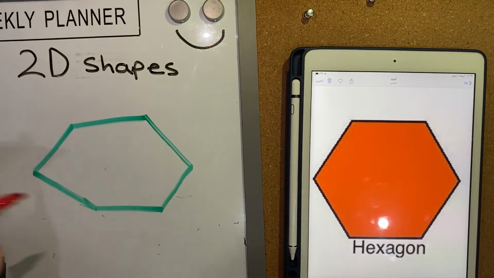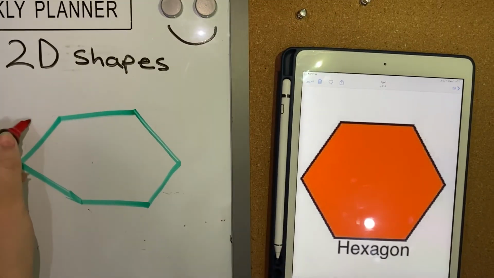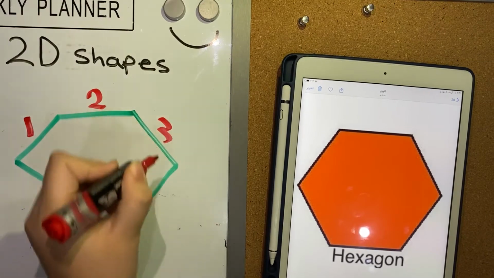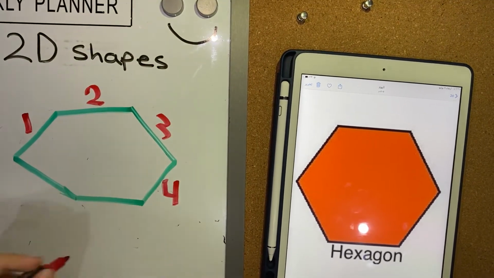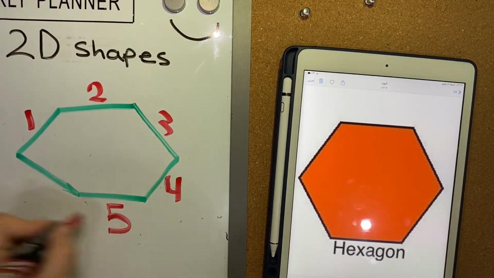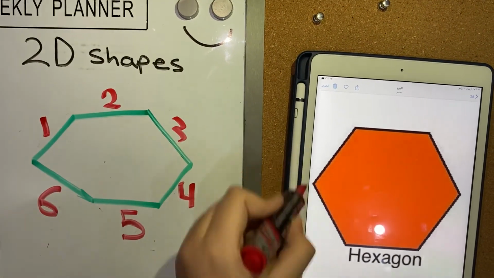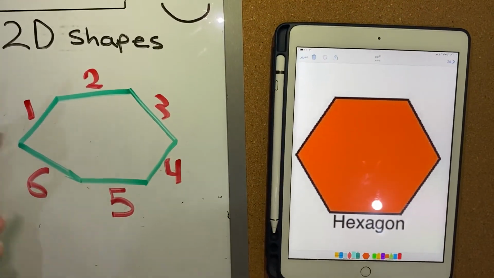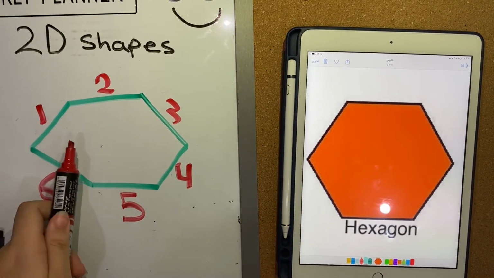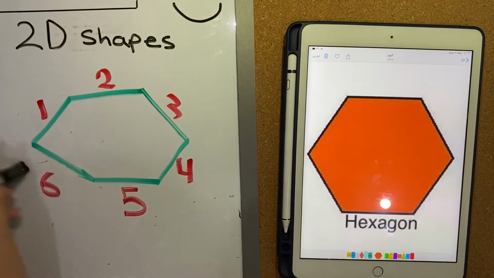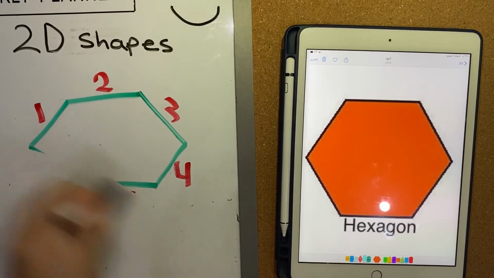Let's count how many sides it has. 1, 2, 3, 4, 5, 6. So the hexagon has 6 sides. So how many sides does the hexagon have? 6 sides.